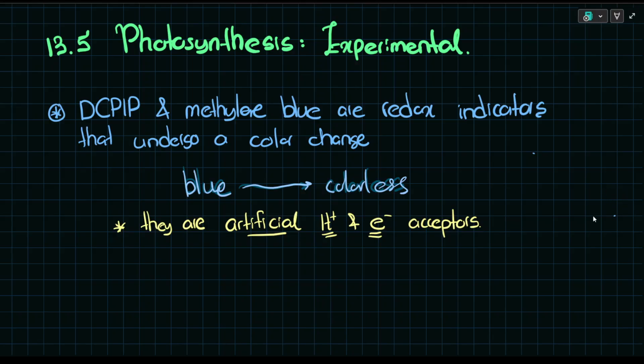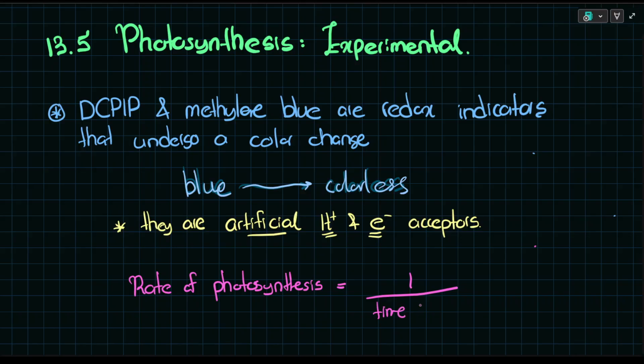Photosynthesis, right? The rate of photosynthesis, which is what we are calculating in this case, is equal to 1 over time taken. Time taken is measured in seconds, so the rate becomes s minus 1.